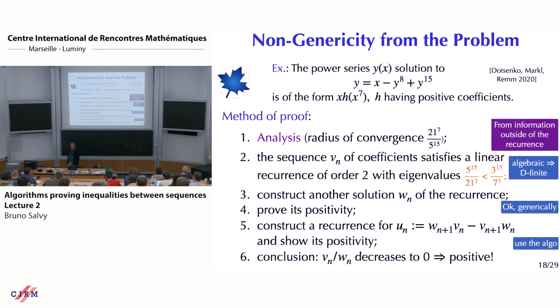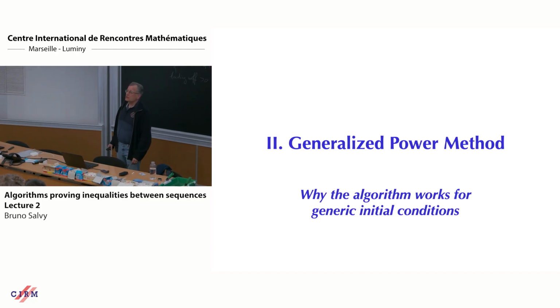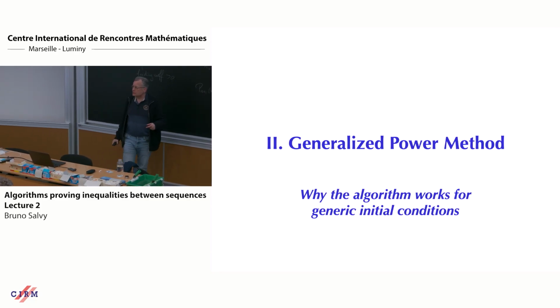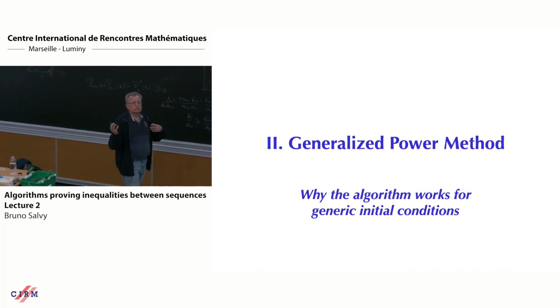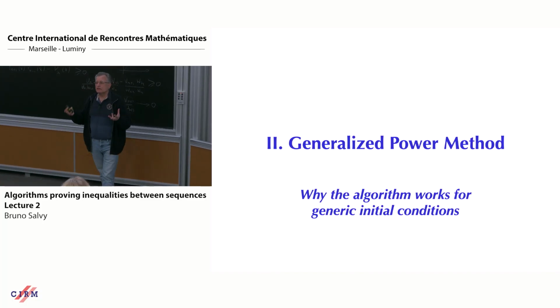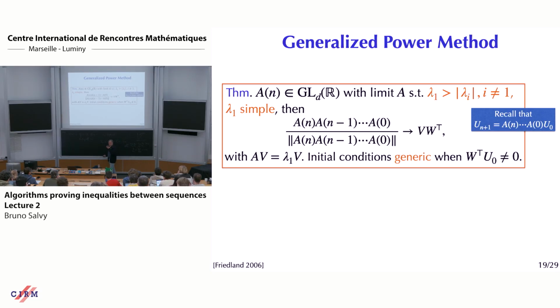Okay. And then this is the end of the computational part. And I'm going to try to give you a flavor of where this theorem comes from. Why is this true?